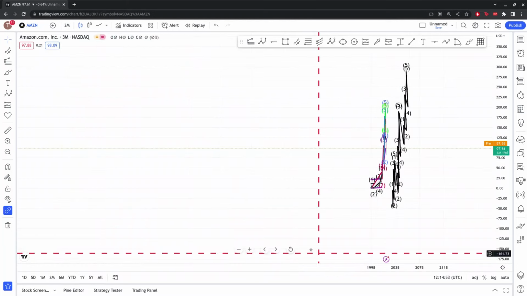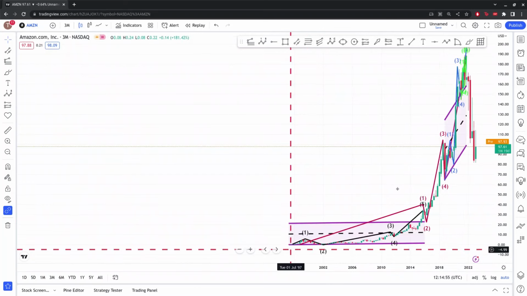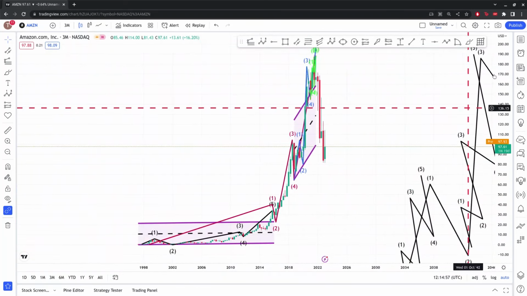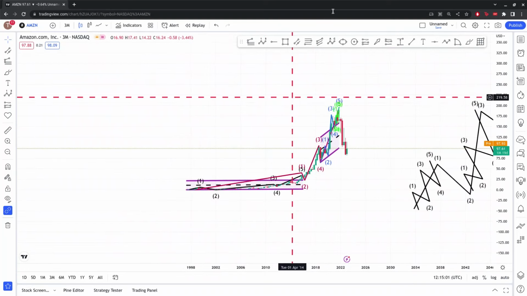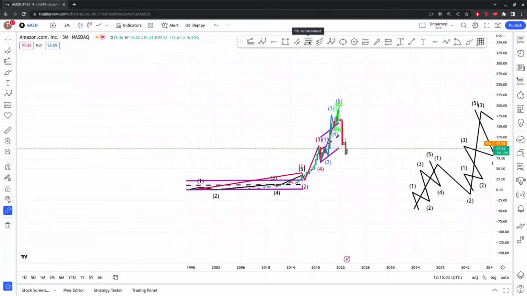For an area of discount, you can use the Fibonacci retracement tool. I introduced the Fibonacci expansion tool, which is used for getting your profit target level, but the Fibonacci retracement tool is used to get an area of discount or an area of premium.